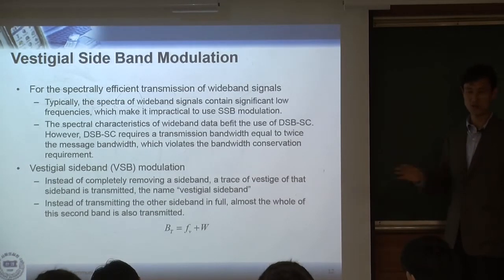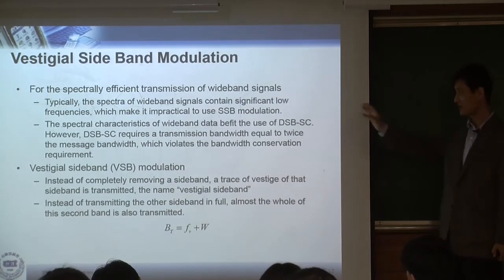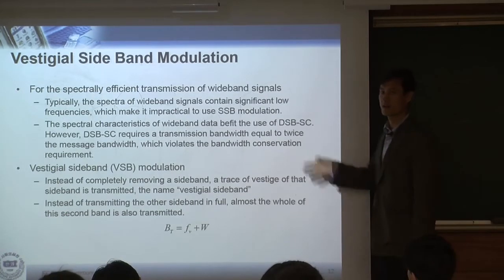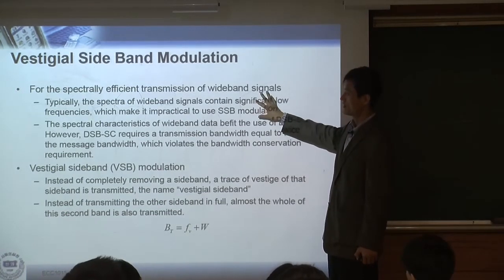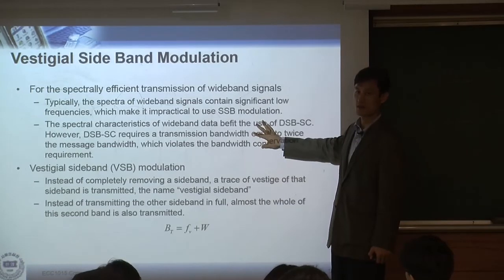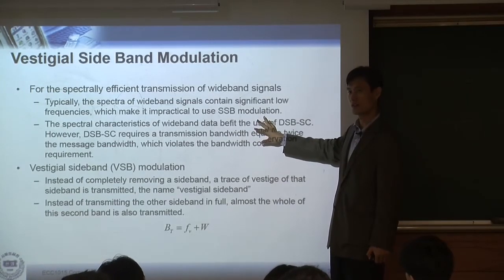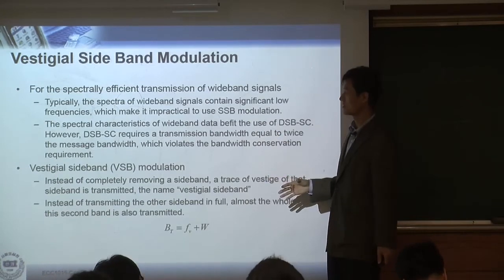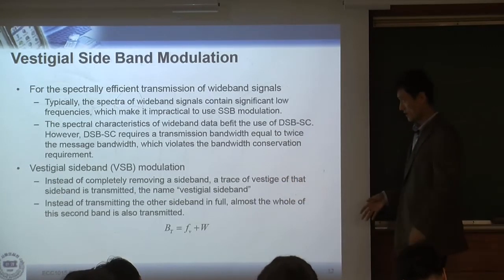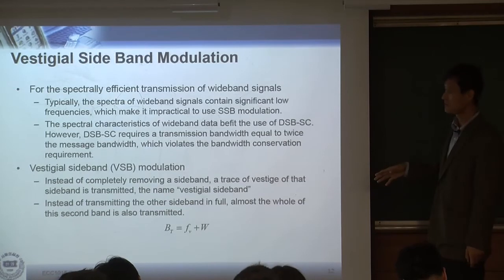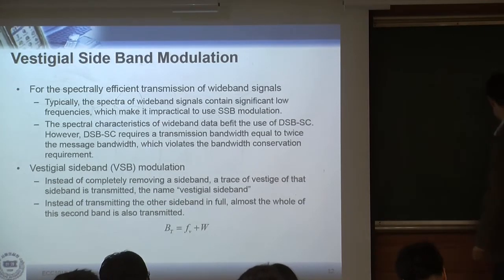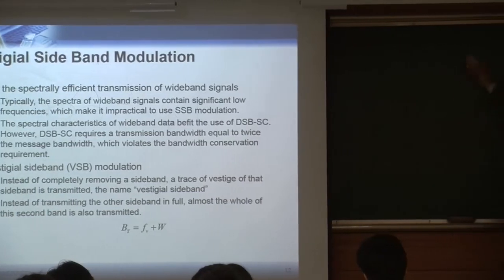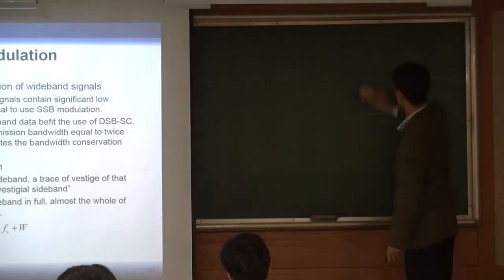There's no analog TV. So this is just history. Like 20 years ago, they were using VSB. But no one is using this anymore. We are using digital TV these days. So I don't think this is that important. So we're going to just discuss some of the basic concept of this VSB, and it's not important to talk about the details.